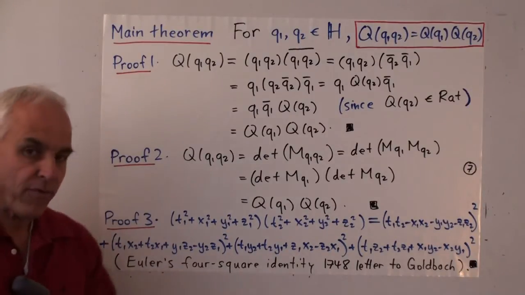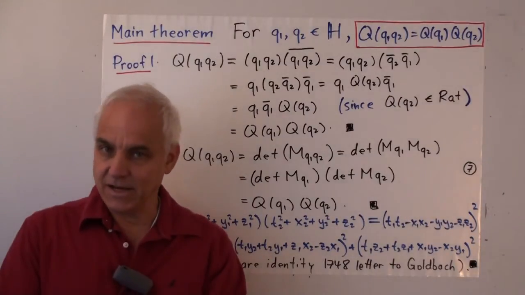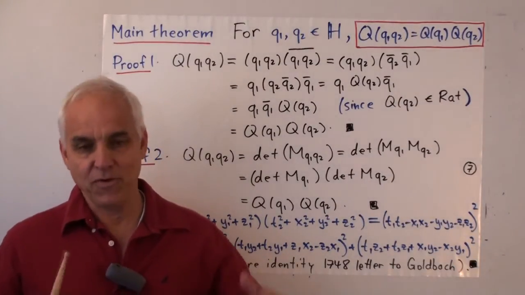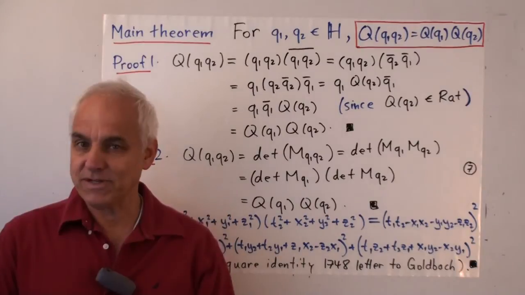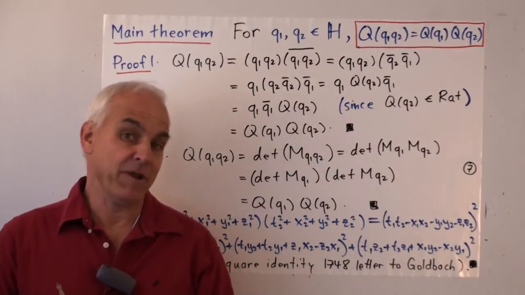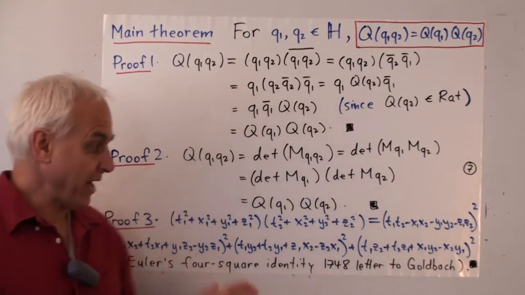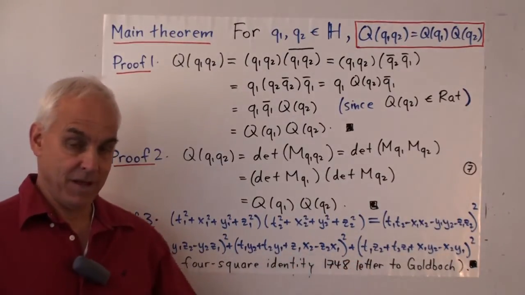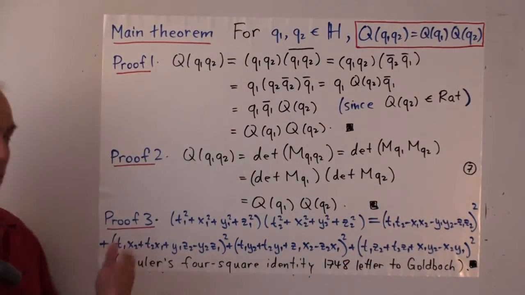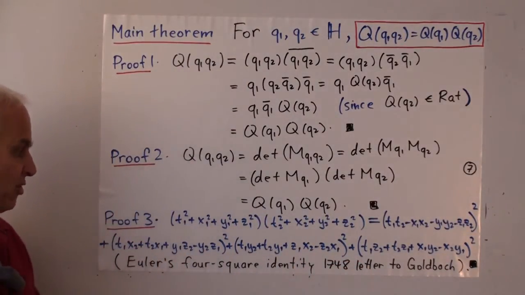And now our third proof uses an identity, just as our proof for the complex number situation rested on an identity of Fibonacci. Here the identity is more complicated, and remarkably goes back to Euler. So many things go back to Euler.